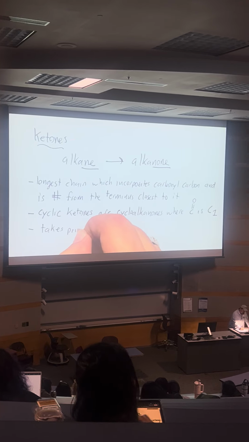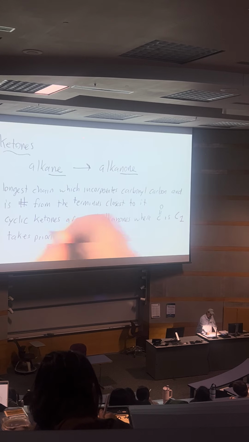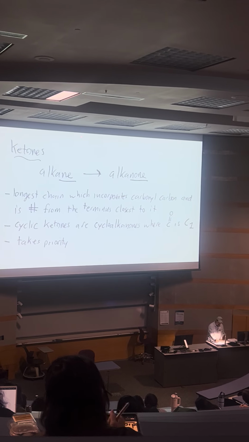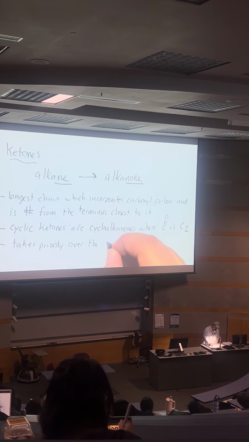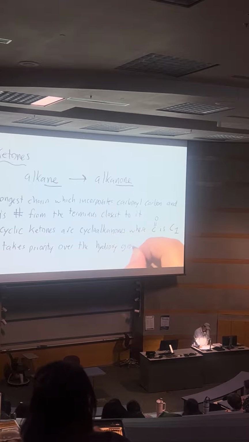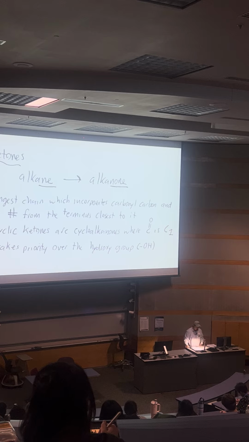If you go back to the list that we jotted down in the chapter of alcohols, this functional group takes priority over the hydroxy group. Right? Which means it has priority over alcohols.